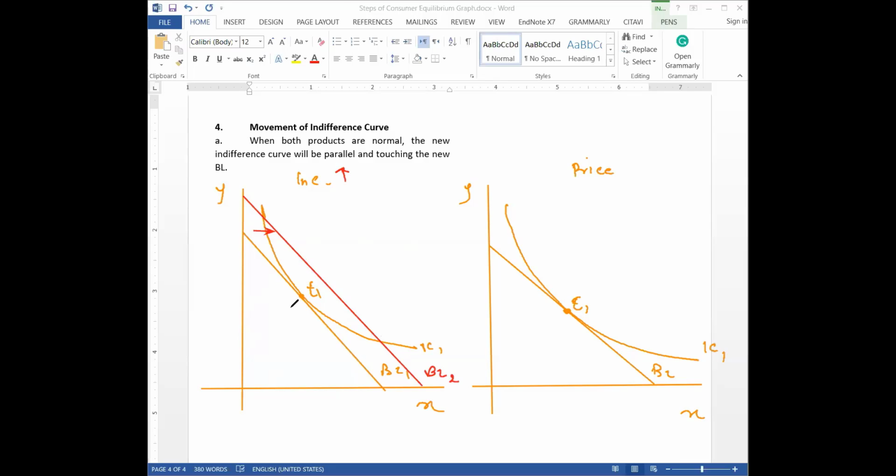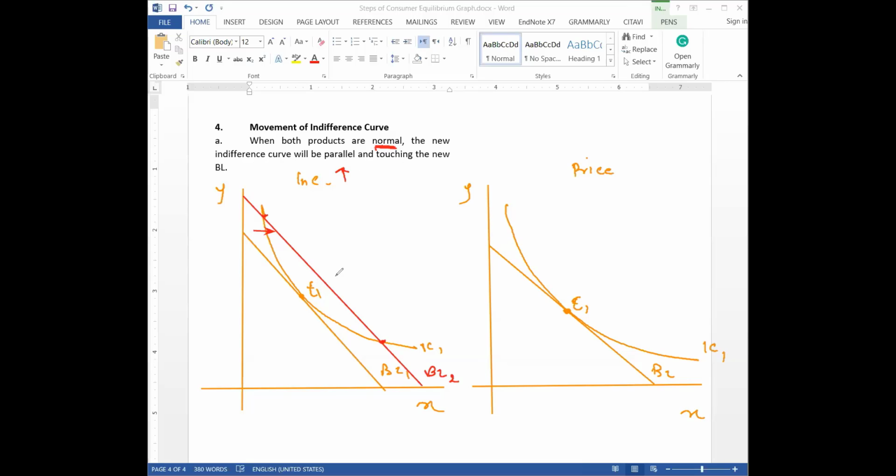Since the customer has higher income, he is now touching the old indifference curve twice. It means the old indifference curve is not the best possible. It means there is room to climb onto a newer indifference curve, which is bended inward. So where should he go? If both products are normal, meaning none of them is inferior, the new indifference curve will be parallel.